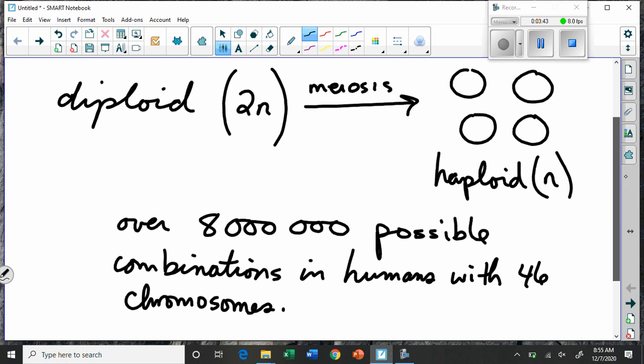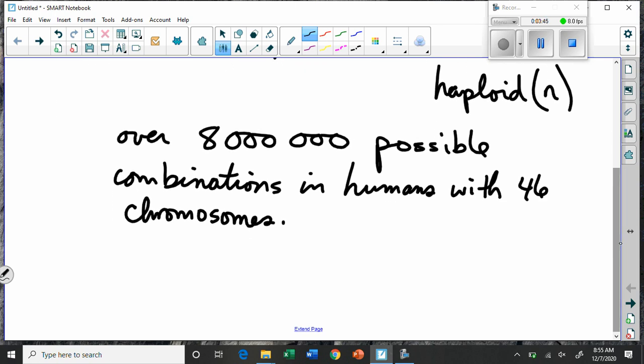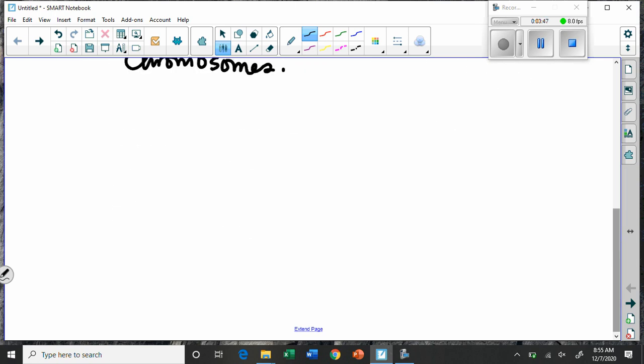The other thing to remember during meiosis is a couple of terms. And so I'm going to give you some terms. Independent assortment. Assortment.